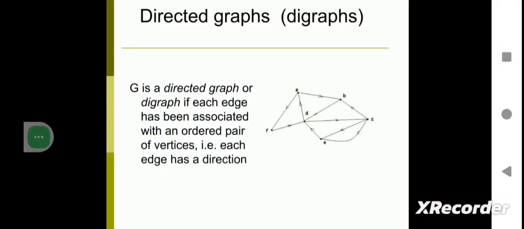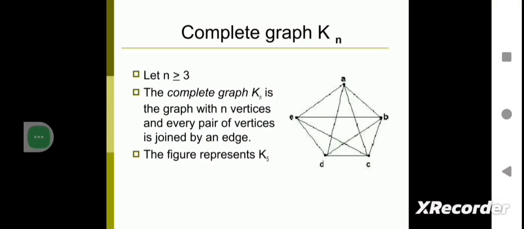This is called a digraph. Next concept, complete graph Kn. Let n be greater than or equal to 3. The complete graph Kn is the graph with n vertices and every pair of vertices joined by an edge.